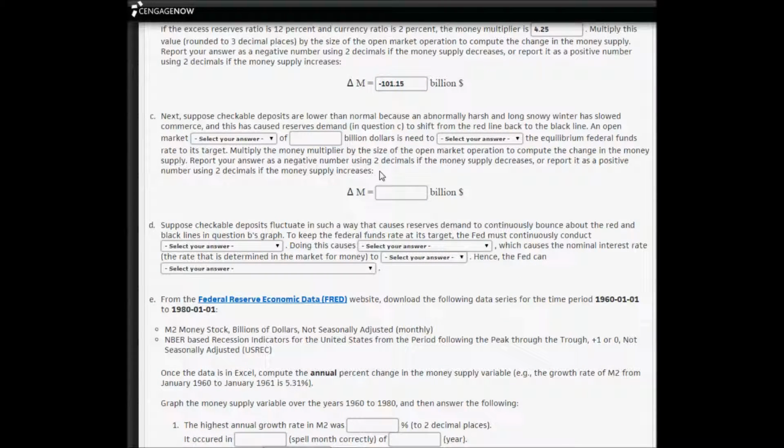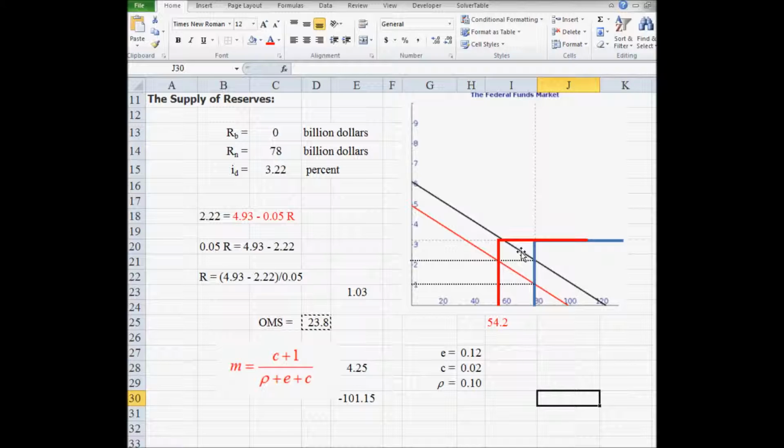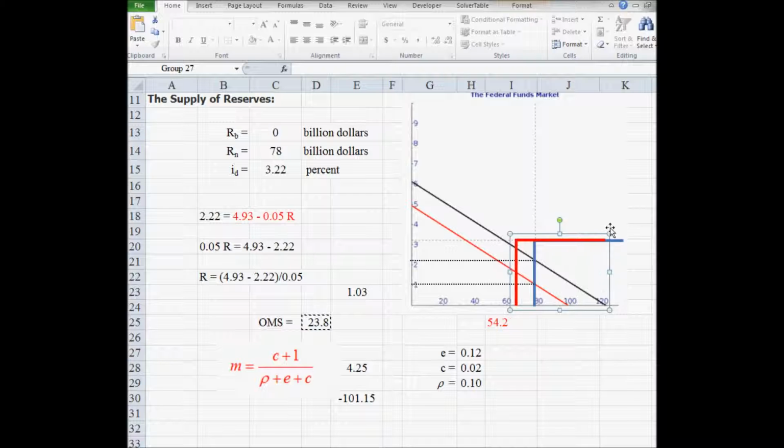In part C, the demand curve shifts back to black, so that raises the interest rate from 2.22 to 3.22, because now demand crosses the flat section of the supply curve. To lower the federal funds rate from 3.22 back to 2.22, we have to do an open market purchase. We have to undo what we did, and the open market purchase is $23.8 billion.